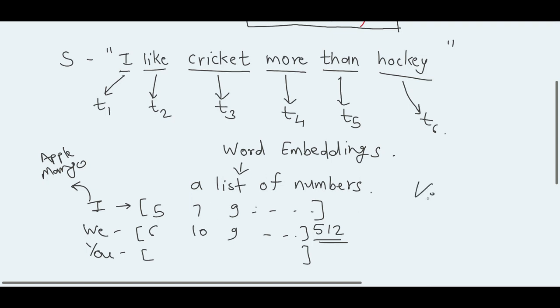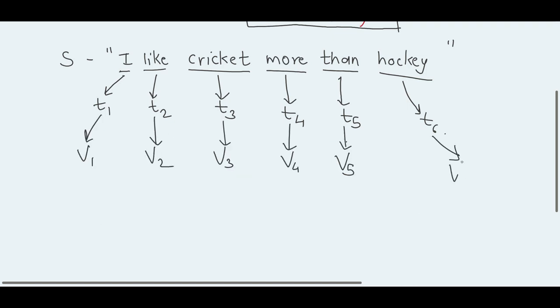Now a list of numbers is also called a vector, more formally. So each token will be represented as a vector, and let us denote the vector by the letter V. So each of these T1 will now become V1.